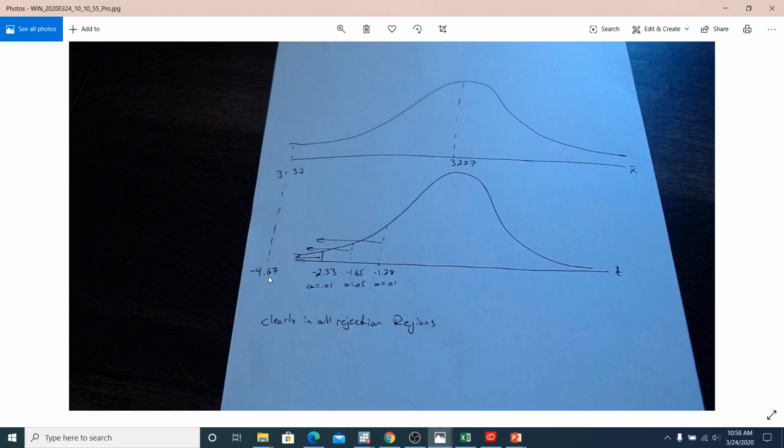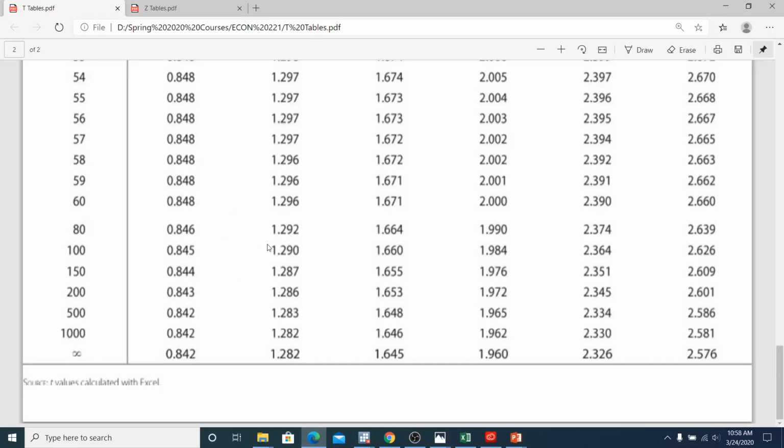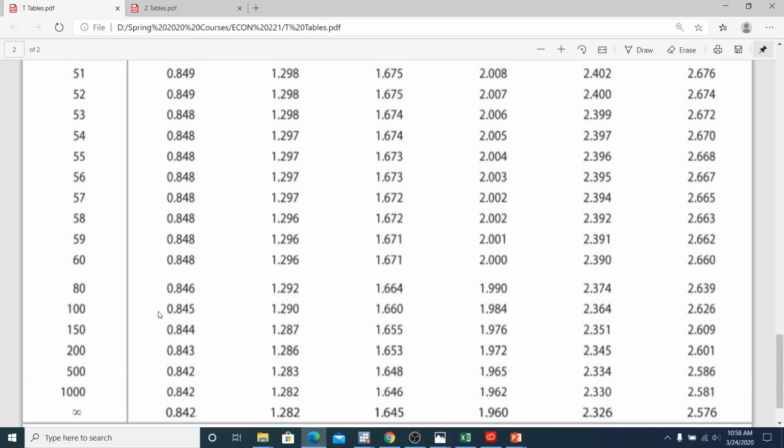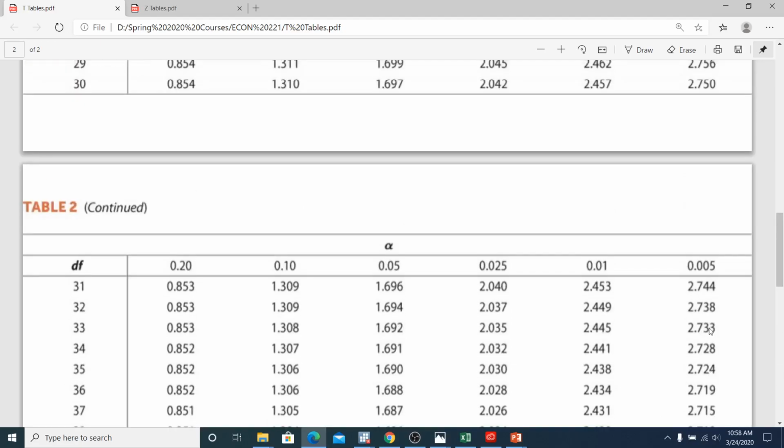If I try to look this up in the table, so I go to my student T table, and say, okay, at degrees of freedom of even 500, it's a little bit higher than 400, but if I try to look up 4.67, well, for negative 2.5, the area to the left of that would be 0.005.